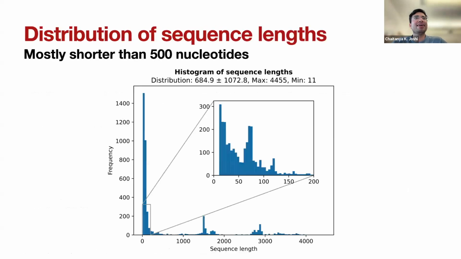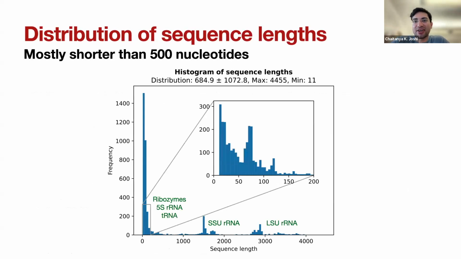So then we started looking at this, right? And here's just a couple of slides on what data is in there. Here's just the plot of frequency of sequence lengths. And you can see that there are these distinct clusters, which are mainly coming from specific families or types of RNAs.